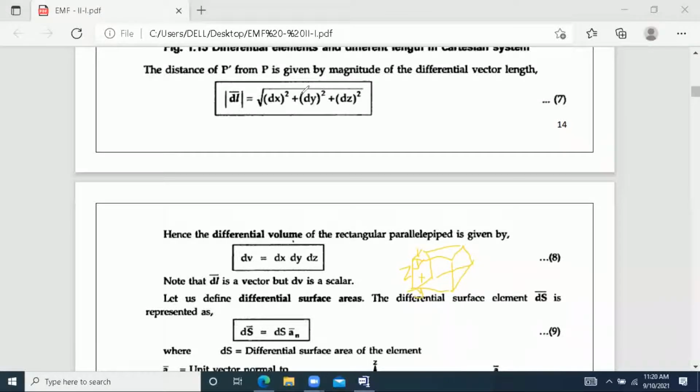So we were at DS. DS is your differential surface, and the direction of the normal would be the AX.